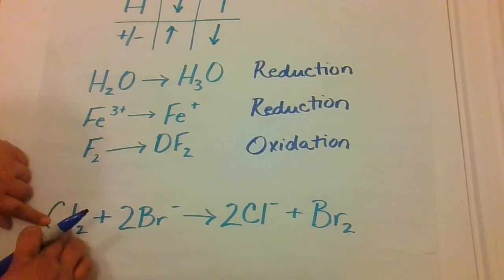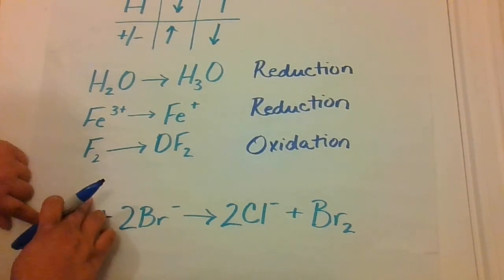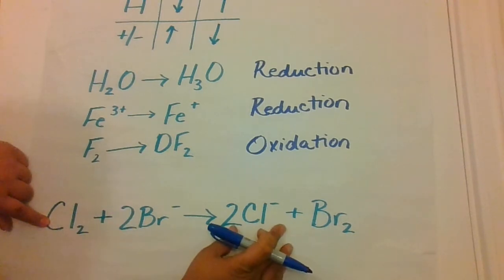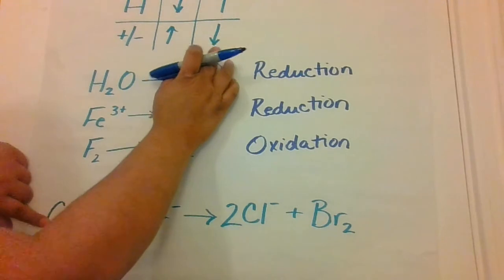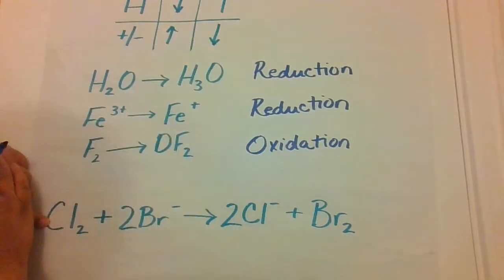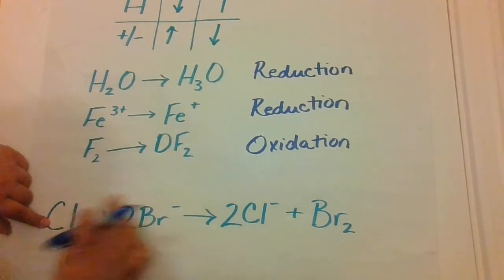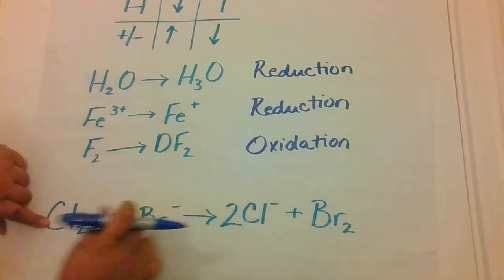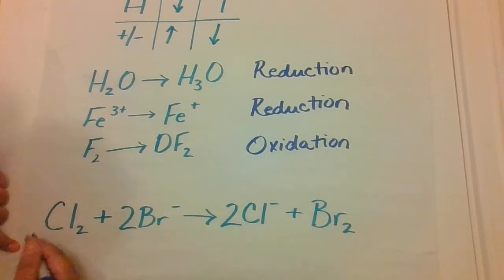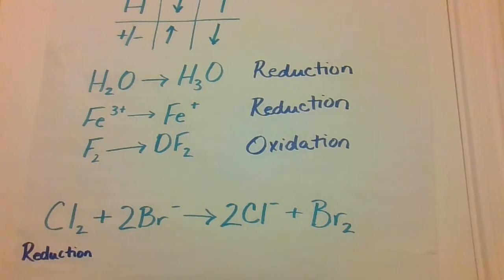Cl2 with a neutral charge has now become 2Cl with a negative charge, so it has actually decreased in charge. It's gone from 0 to -1. So we know a reduction has occurred.